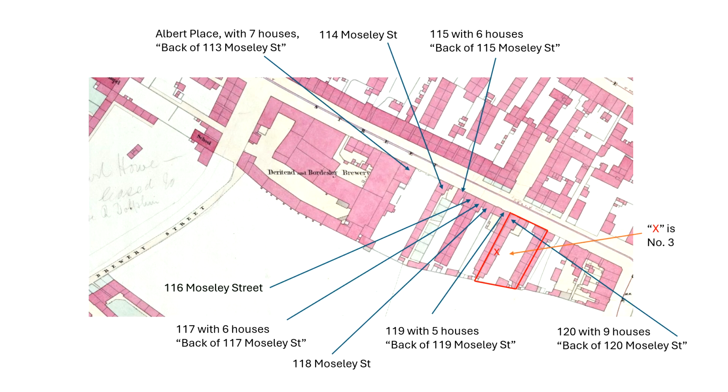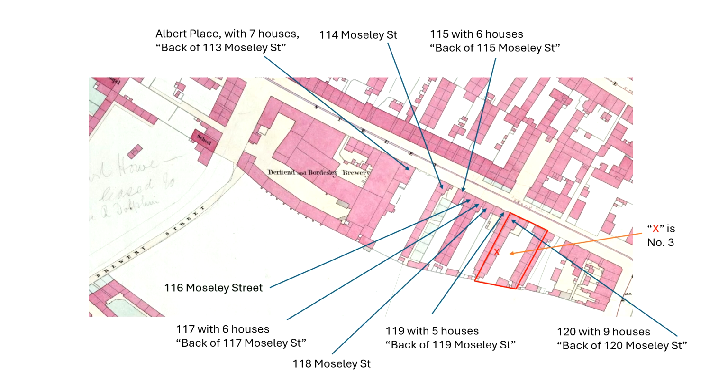And I found that 113 Mosley Street was listed with 7 houses behind it. 115 was listed with 6 houses, 117 with 6, and so on. And the pattern coincided perfectly with the numbers of houses in each yard as shown on the map, starting from the left and moving over towards the right. And it was then almost just a matter of allocating the corresponding house numbers.